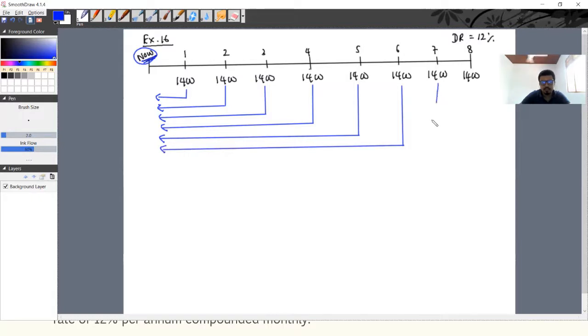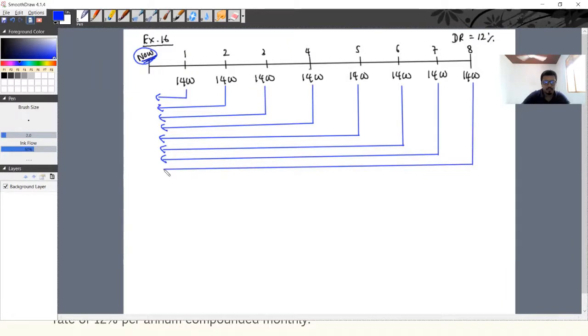By using that formula, we can find the present value of each figure. Therefore, the total is the present value of the payments made throughout these 8 years.